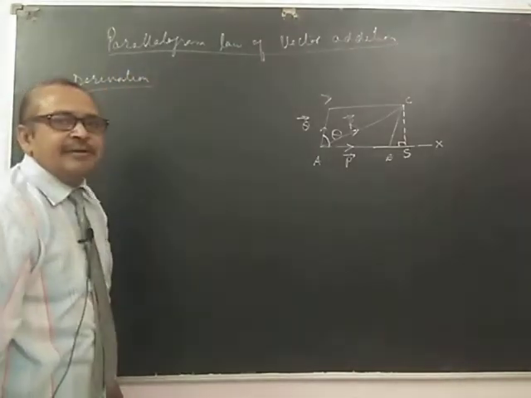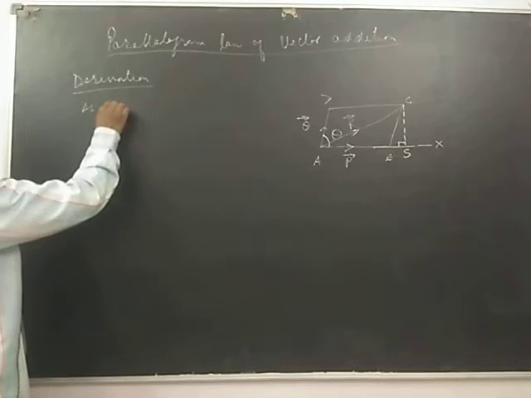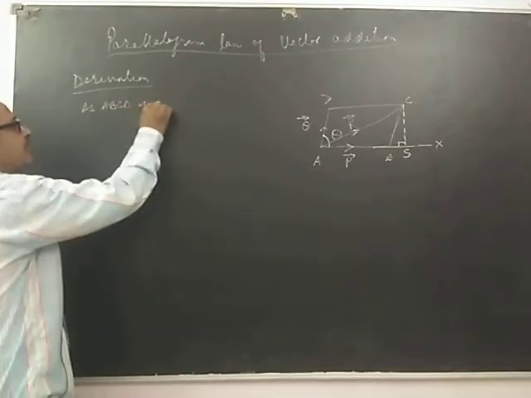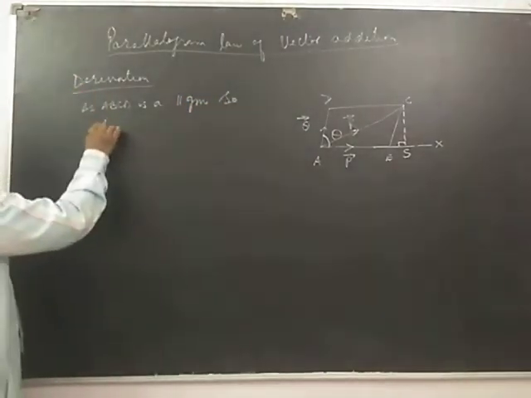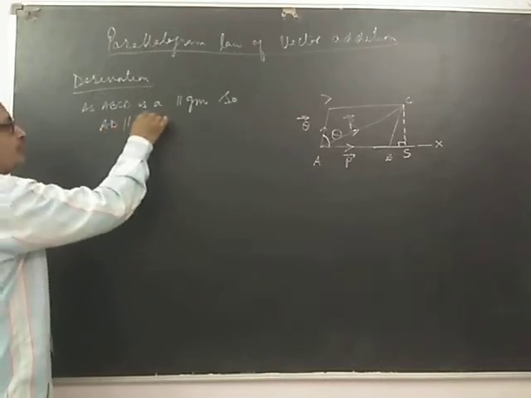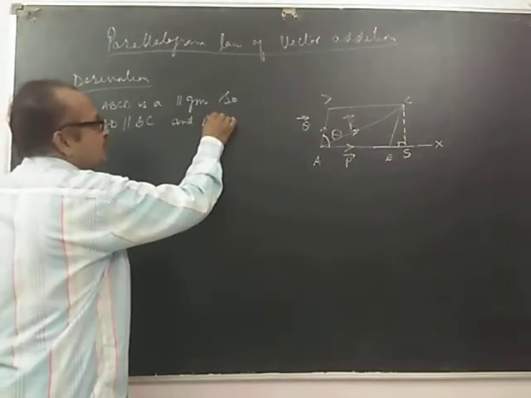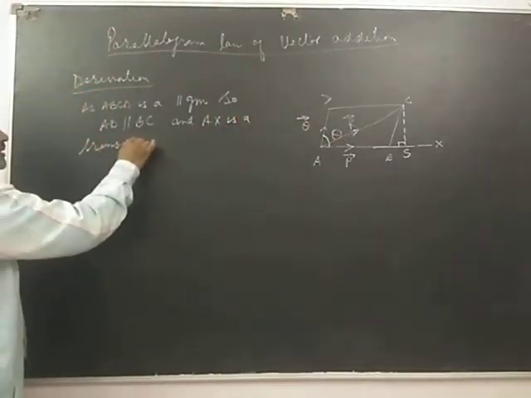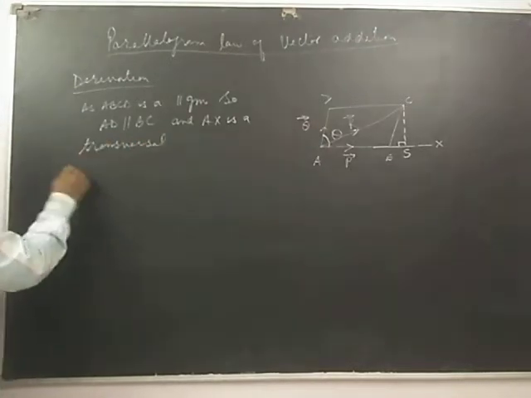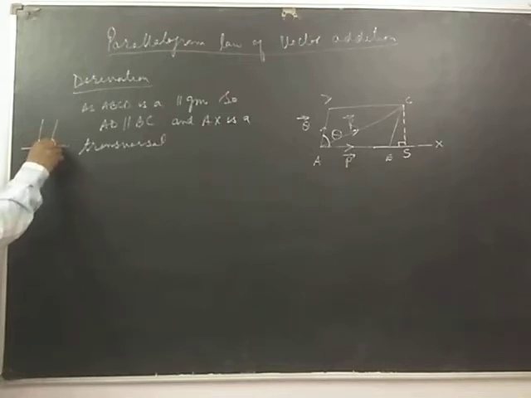शाबाश. क्या करेंगे? Okay, now you can clearly see that as ABCD is a parallelogram, so it is very clear that AD is parallel to BC, and when AD is parallel to BC, obviously your AX is a transversal, and you all know if two parallel lines are intersected by a transversal, then what can I talk about these two angles?